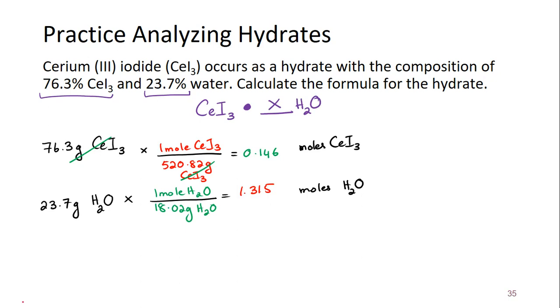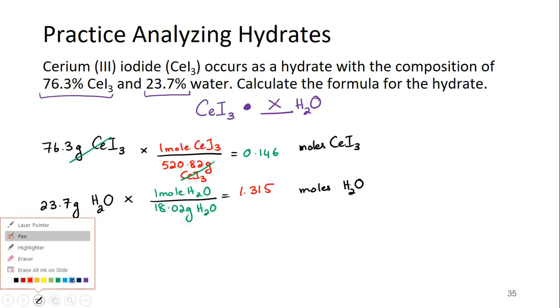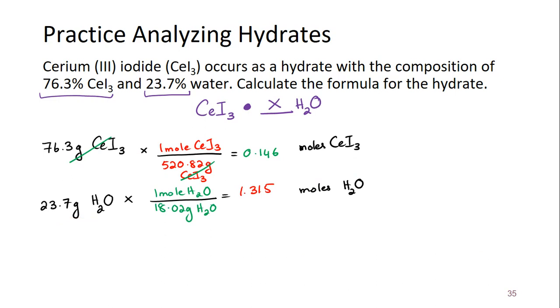Now that you have the moles of cerium iodide and the moles of water, you have to do step number 2. Sorry, you just did that. You converted the masses of both to moles. You have to divide all mole values by the smallest mole value. So here is what you do. I want you to write it like this.